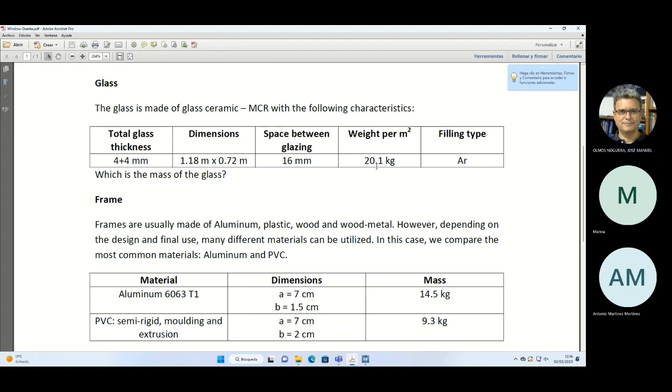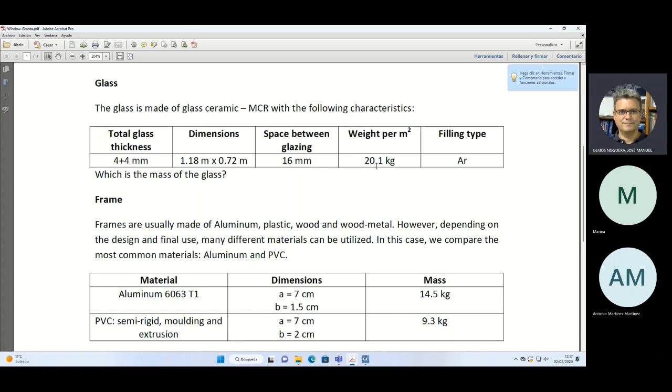So, your own. Yes. 17.08 kilos. Do you want the decimals?